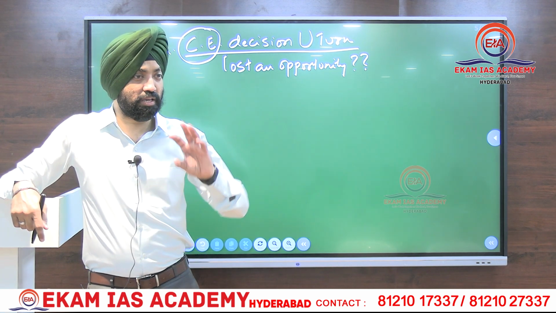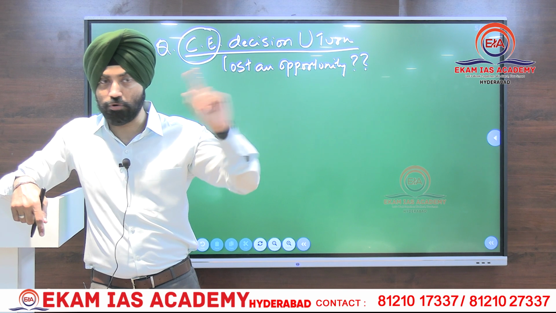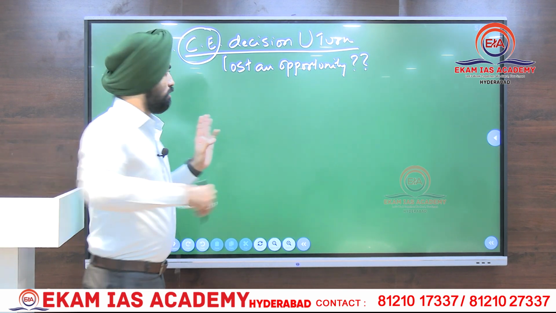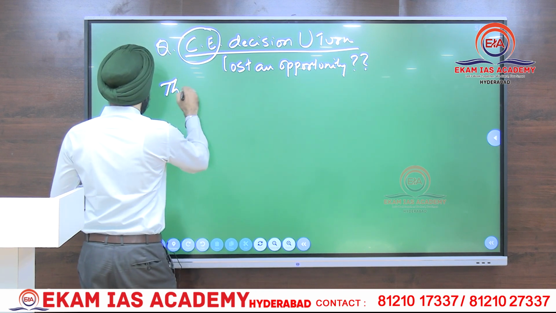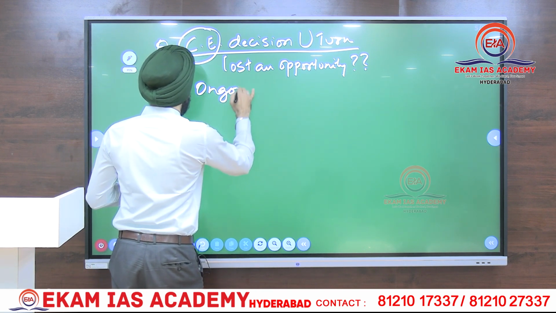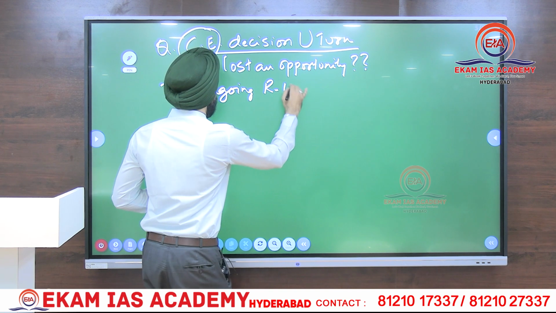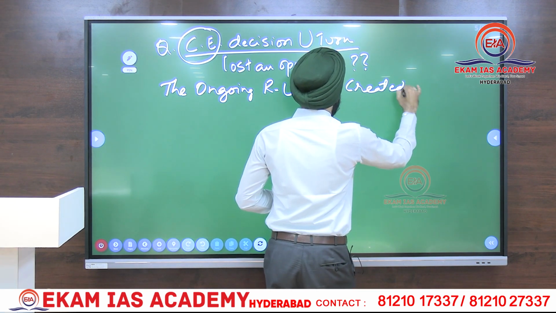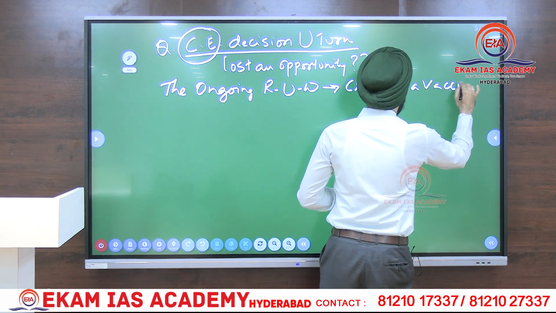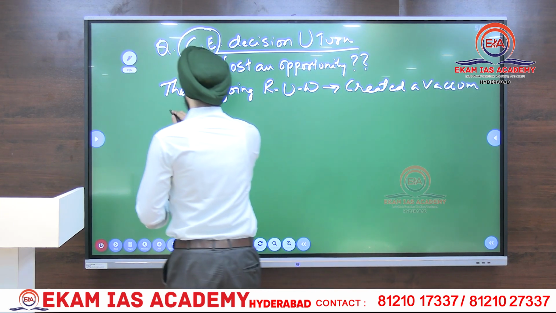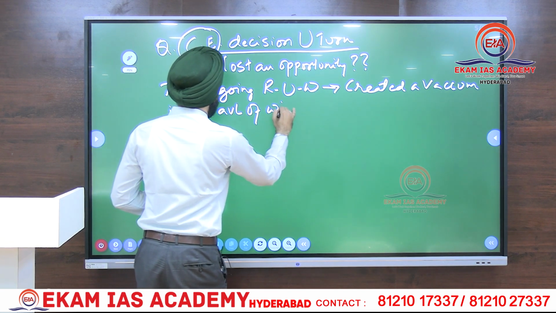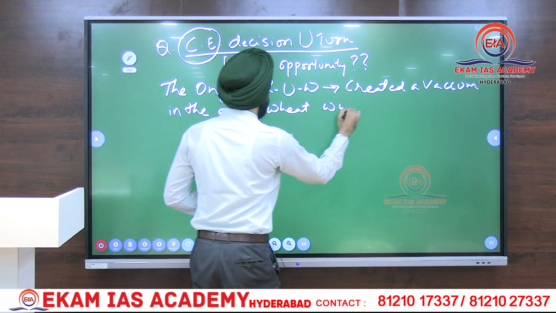Can I start by giving a prelude of the Russia-Ukraine war? 1.5 lines. The ongoing Russia-Ukraine war created a vacuum in the availability of wheat worldwide.